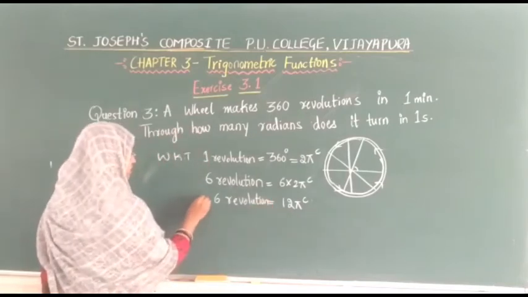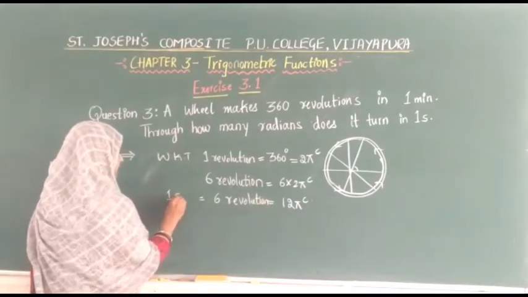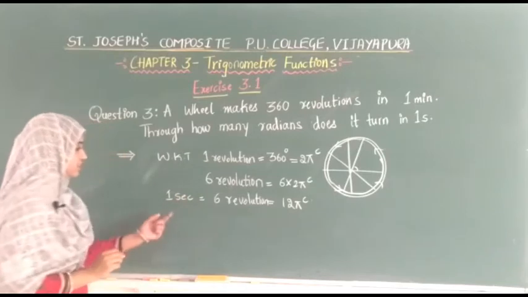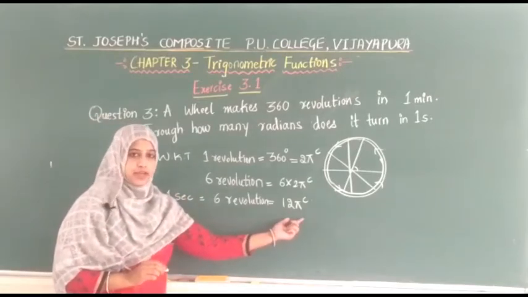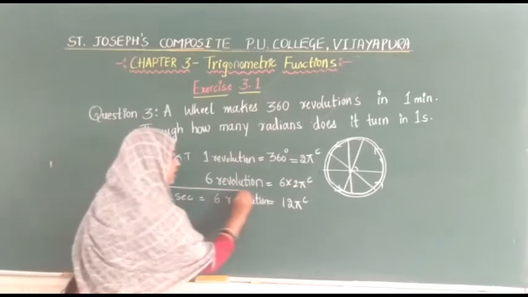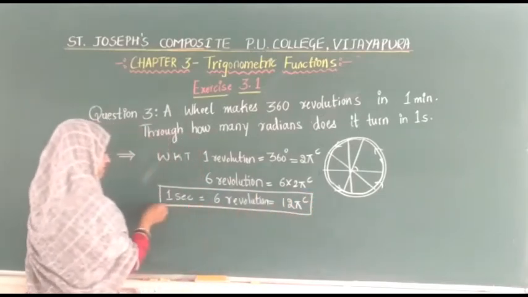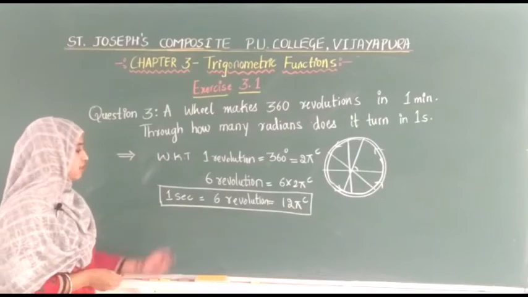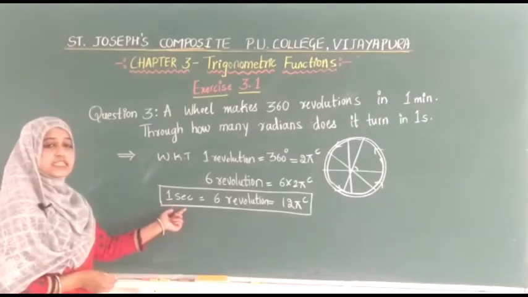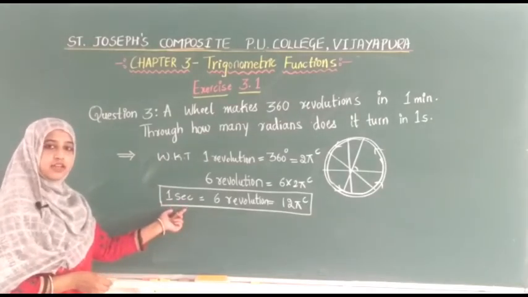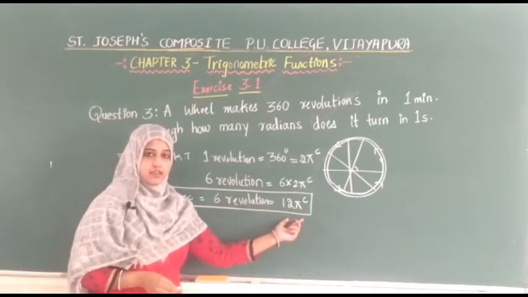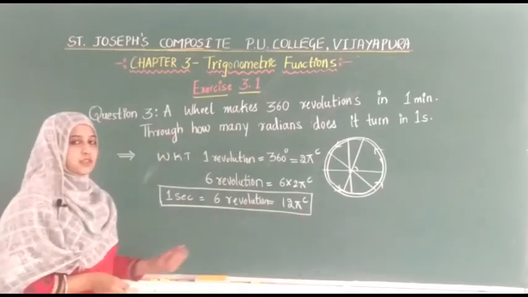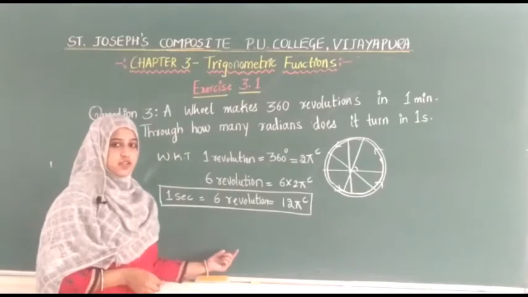It means in 1 second, that is 6 revolutions, it makes an angle of 12 pi radian. This is our required answer. So the wheel in 1 second makes a 12 pi radian angle. So this completes the third solution.